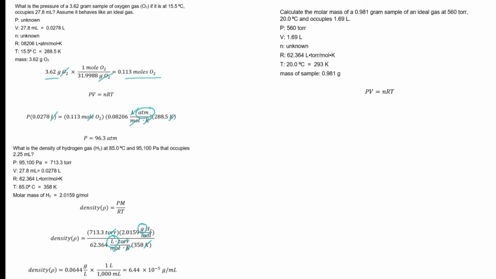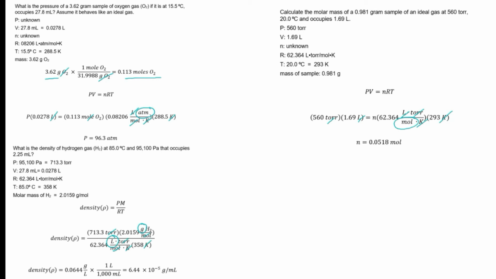Here's ideal gas law. Let's plug in what we know. So we plug in our pressure, our volume, our R, and our temperature. Again, let's make sure that our units are working. Torrs cancel, liters cancel, Kelvin cancels. This will give us moles. Perfect. So we will have 0.0518 mole. But our problem asked us to calculate the molar mass.